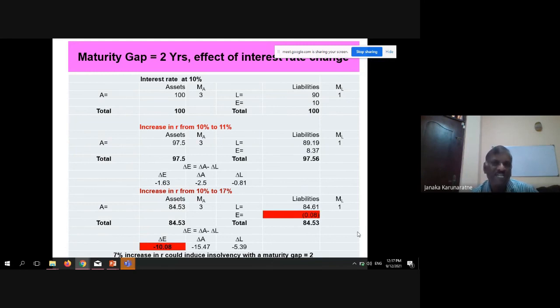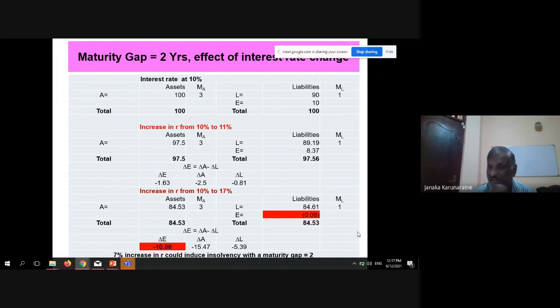Here we took a very simple example of a 2-year maturity gap. Maturity gap is 2 years, not a very long maturity gap. But what is the message we can get from here? Even if the maturity gap is small, if there is a significant change in interest rate, now here since the maturity gap is positive, increasing interest rate would have resulted in the problem.